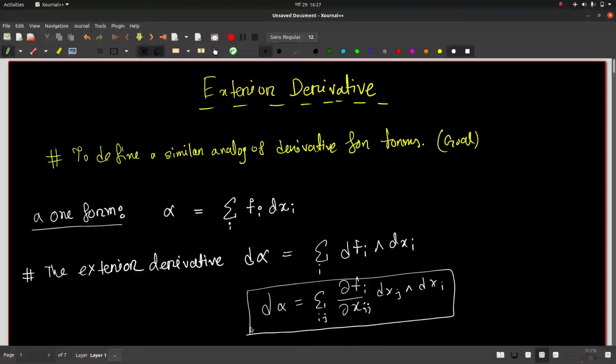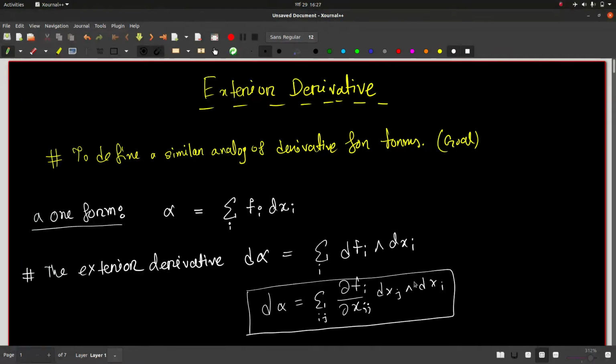But how do we know that this should be the way and this is the way it measures some changes? That will be a long discussion, and we'll try to provide a very short geometrical picture in this lecture. As you can see from here, we are explicitly introducing the coordinates.